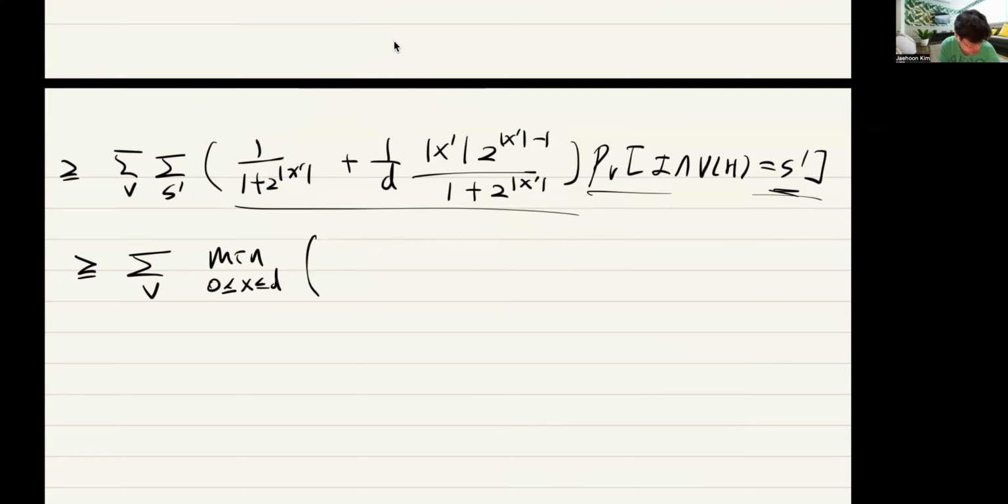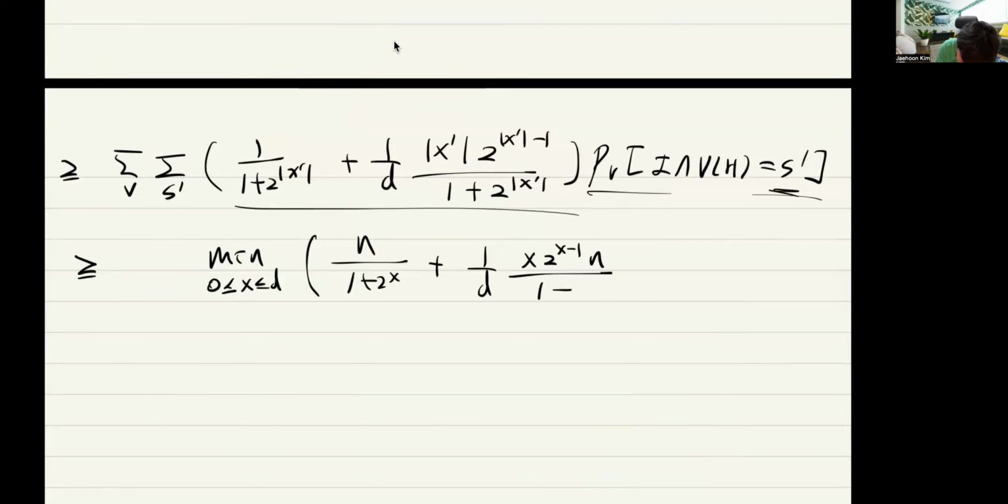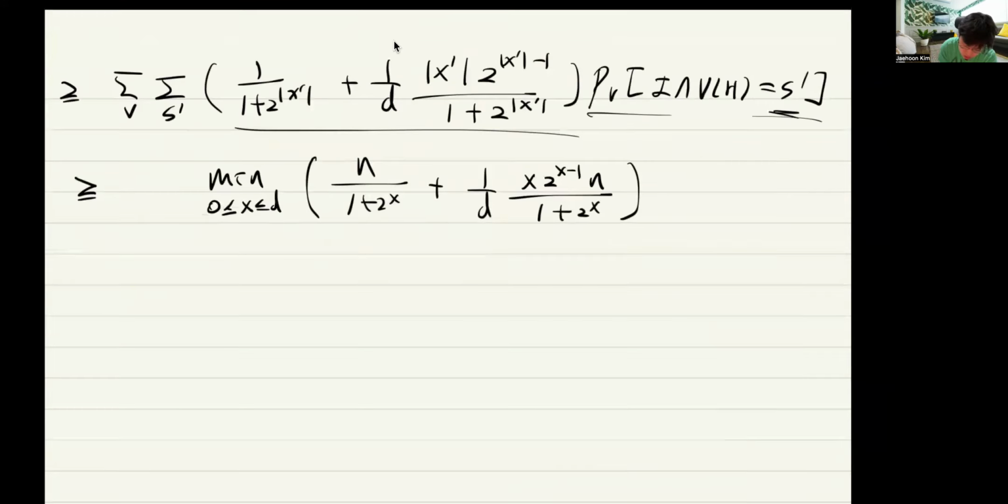And you are simply adding over all B. So you can just write N over 1 plus 2 to the X, plus 1 over D times X 2 to the X minus 1 and N over 1 plus 2 to the X. And we have this 2, but we don't know which one is bigger.